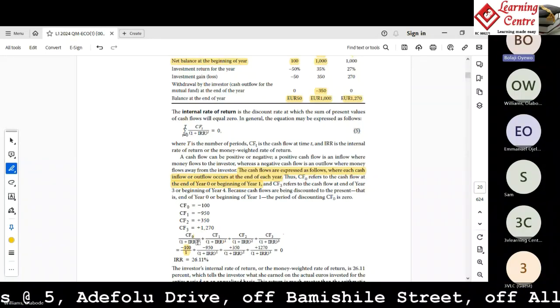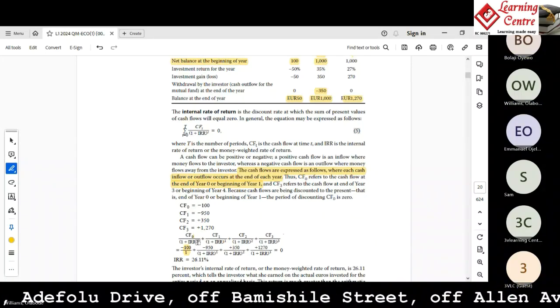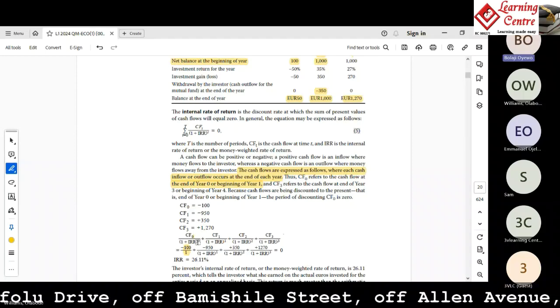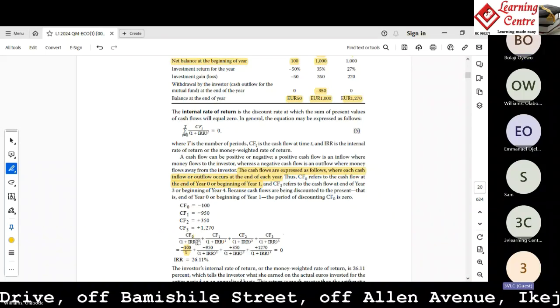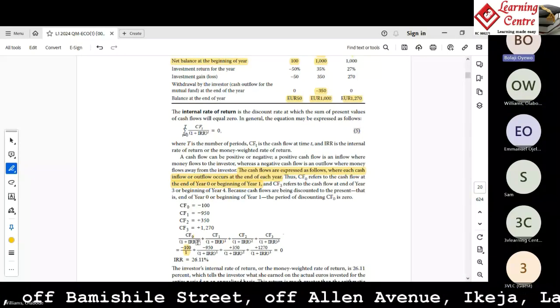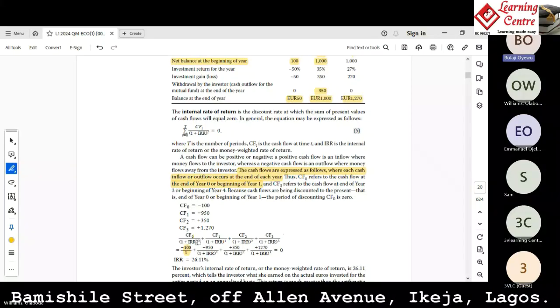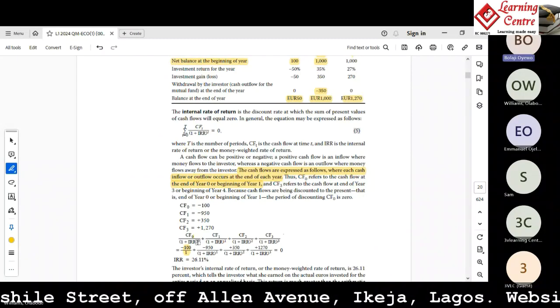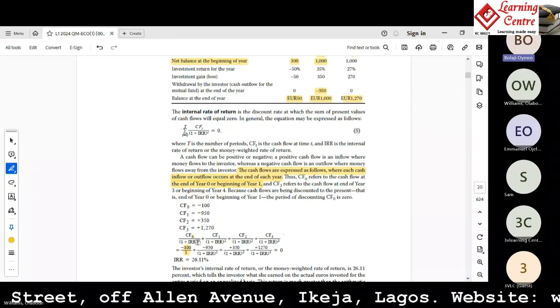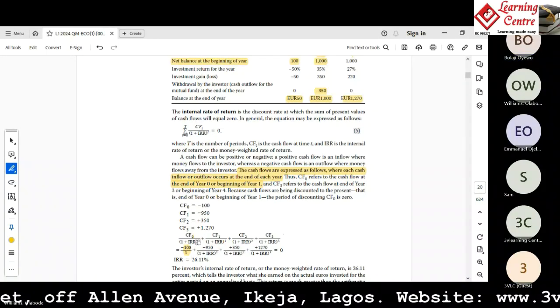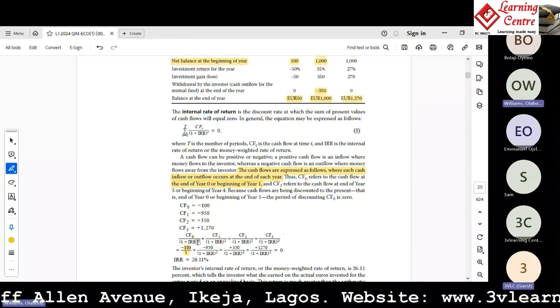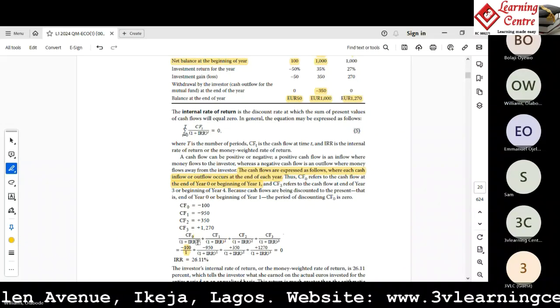I'm wondering, if we use 10%, for instance, we would have 1.1 for year 1. That's minus 950 over 1.1, right?